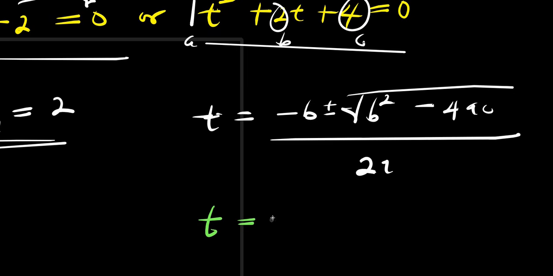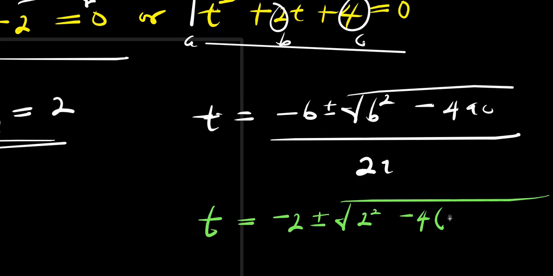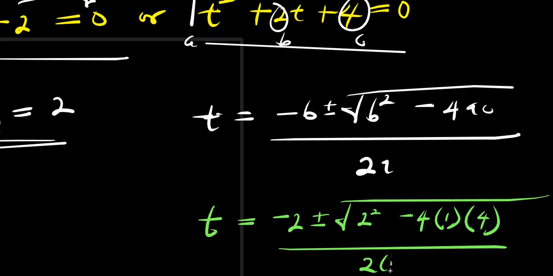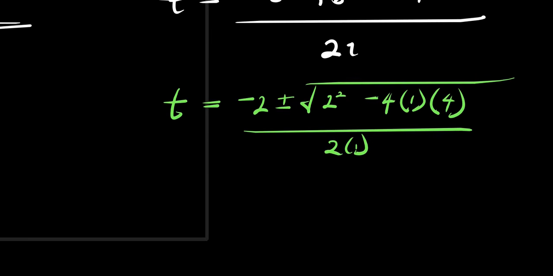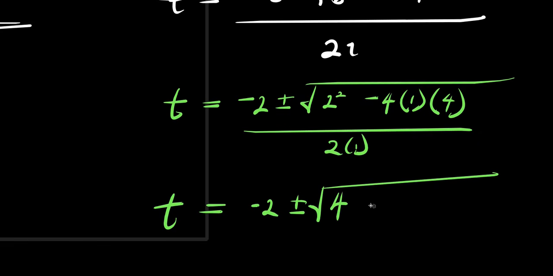T equals negative b, negative 2, plus or minus square root of, this is 2 power 2, minus 4 times 1 times 4, divided by 2 times 1. So right here, I have t equals negative 2 plus or minus square root of 4 minus 16, divided by 2 times 1.